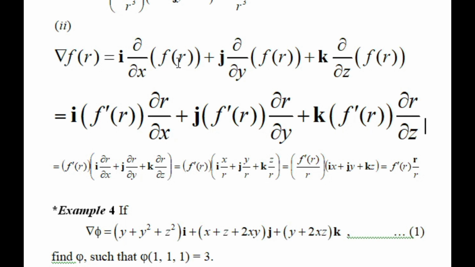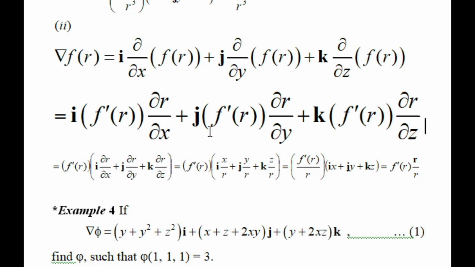Compare it with our ordinary derivative d by dx of f of x. What is d by dx of f of x? d by dx of f of x is f prime of x, isn't it? So similarly here d by dr of f of r is actually f prime of r. So f prime of r times del r by del x.